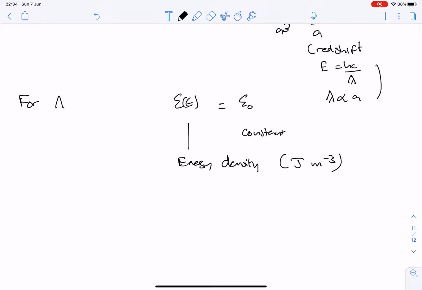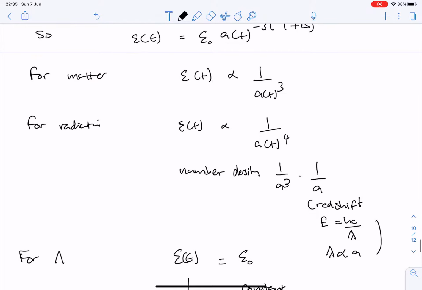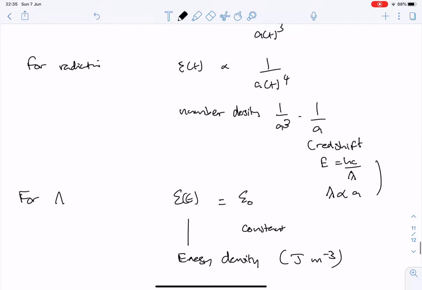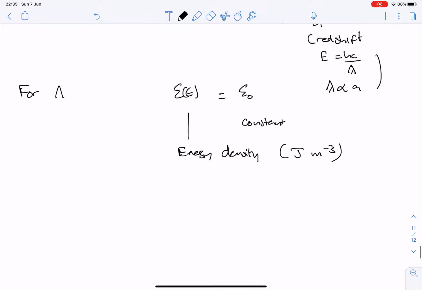And so what that means is that as the universe gets bigger, the contribution from the cosmological constant gets bigger as well, because you multiply it by the number of cubic meters in the universe, and it's more and more and more. And so from this you can see that there are in fact going to be distinct periods in the history of the universe.